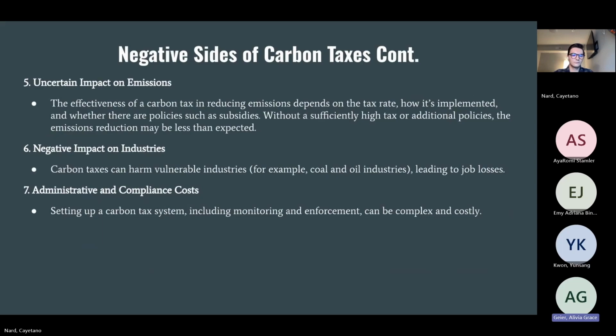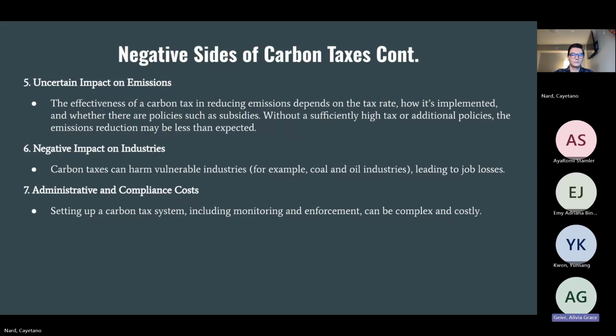And then also, there is an uncertain impact on emissions. The effectiveness of a carbon tax in reducing emissions depends on the tax rate, how it's implemented, and whether there are policies such as subsidies. Without a sufficiently high tax or additional policies, the emission reduction may be less than expected.